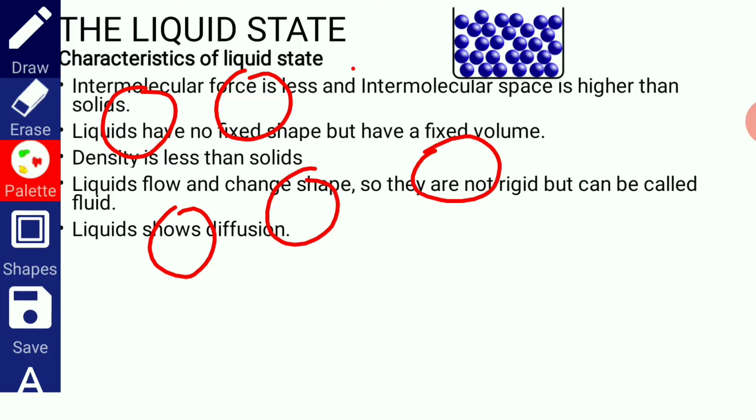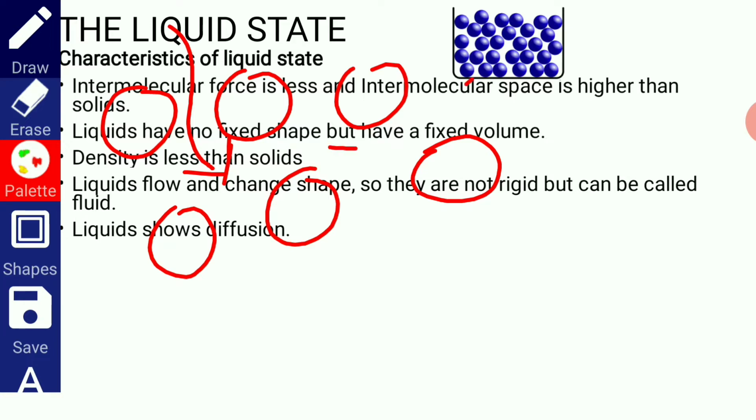of liquid is more as compared to solid. That means the other states, like solid, liquid or gas, can easily occupy the space present between the particles of liquid.